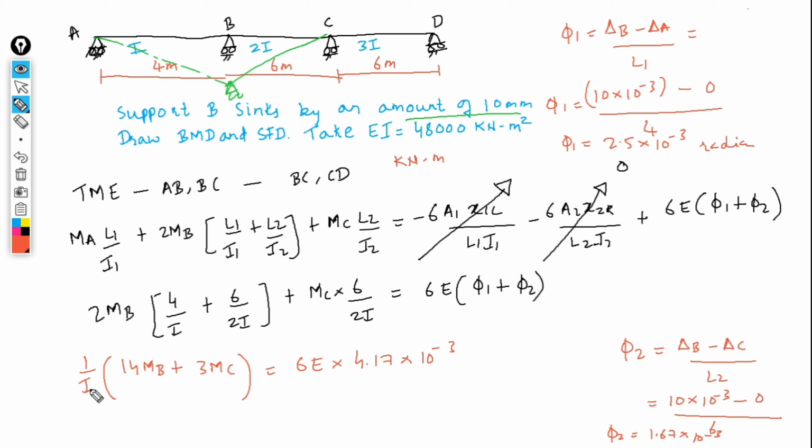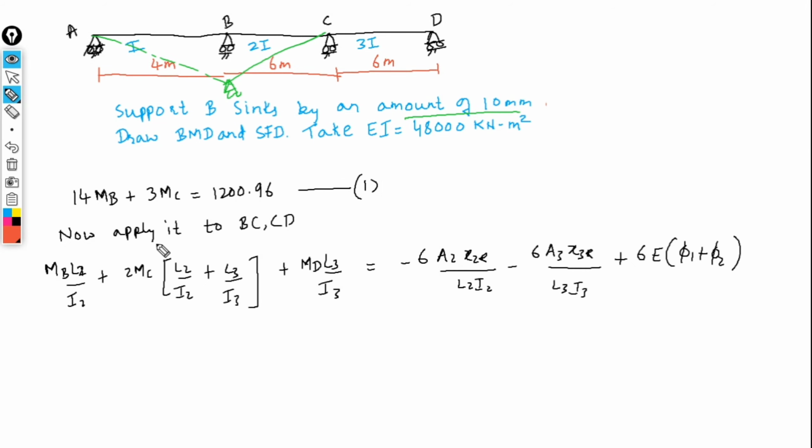And I can be taken to the right hand side. Since the value of EI is given, you can directly substitute it: 14 MB plus 3 MC equal to 1200.96. Take this as equation number 1.